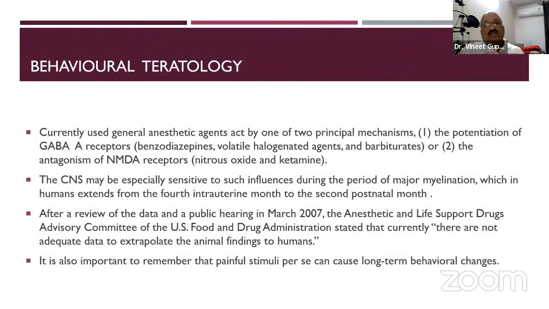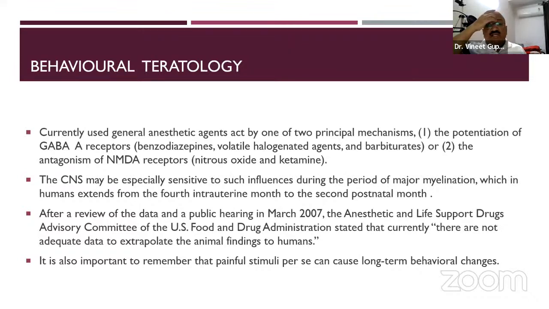Then behavioral teratology: currently used general anesthetic agents act by one of two principal mechanisms. One, the potentiation of GABA A receptor, that is benzodiazepines, volatile halogenated agents, and barbiturates, and two, the antagonism of NMDA receptors, nitrous oxide and ketamine.